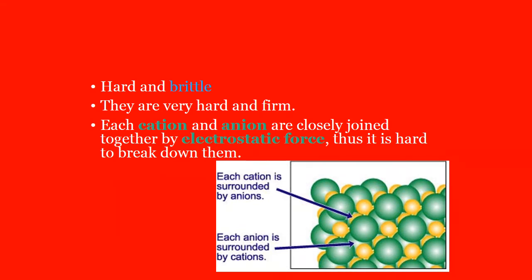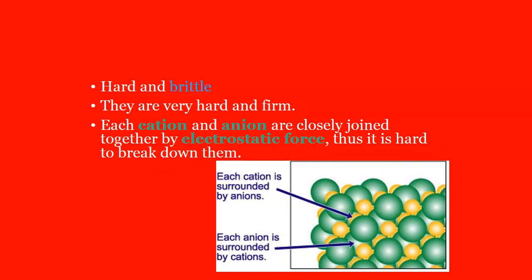Here again, the green one represents the cations, which are the positively charged ions. The yellow or orange one represents the negative ions.